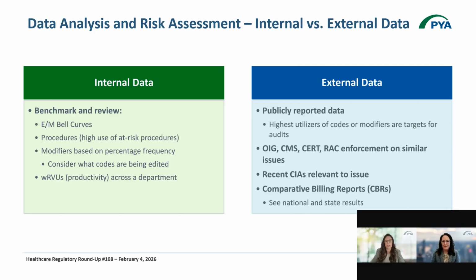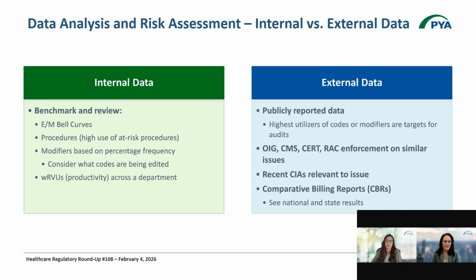Right. That's great. So yes, let's start with the available data. Internal versus external. With your internal data, you're looking for patterns. And with the external data, you're watching enforcement trends. Compliance teams should be asking themselves, does our internal data align with what regulators are focusing on right now? And if not, is it defensible? Is there a reason for that? So really let your internal data tell the story.